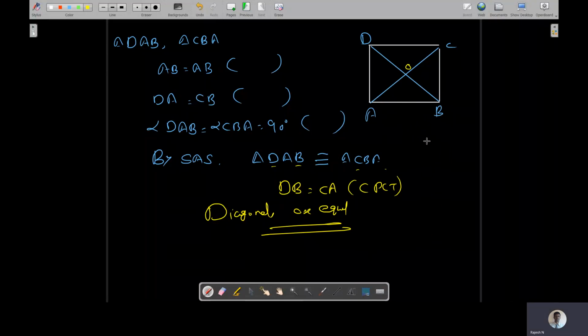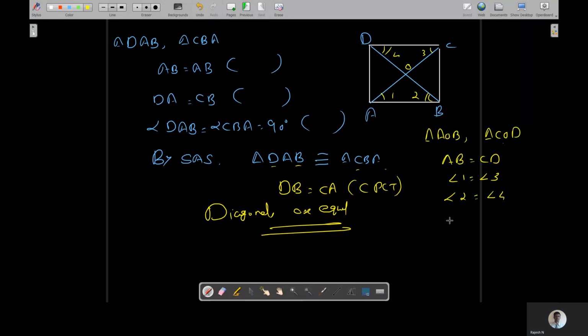So take like this also triangle AOB, triangle COD. Anyway, it is a square. Square means what? Opposite sides are equal. So what you can say? AB is equal to CD. And square is a parallelogram. So these angles are equal. Angle 1 is equal to angle 3. Angle 2 is equal to angle 4.